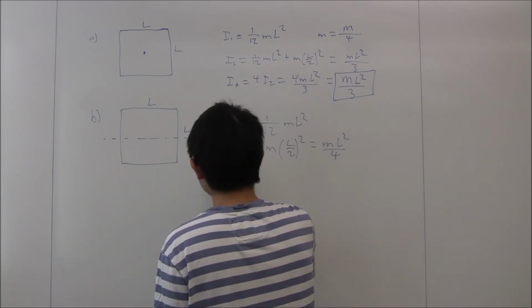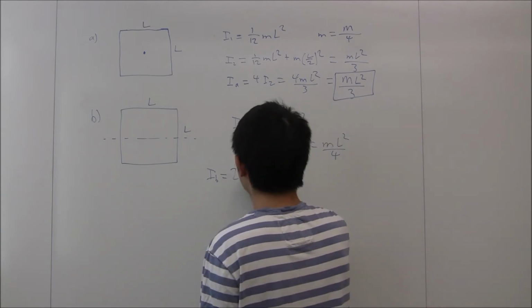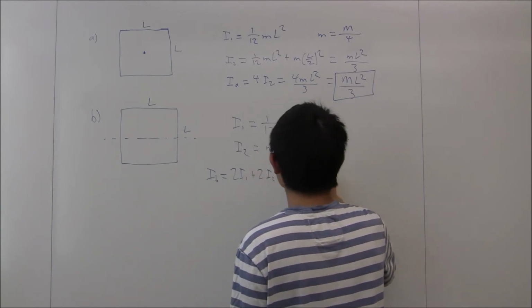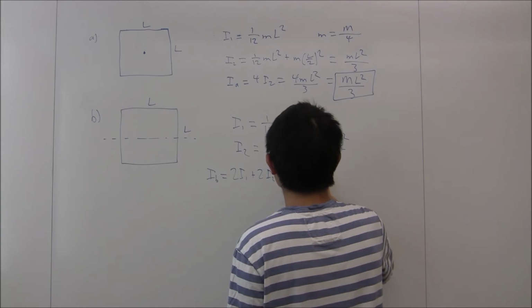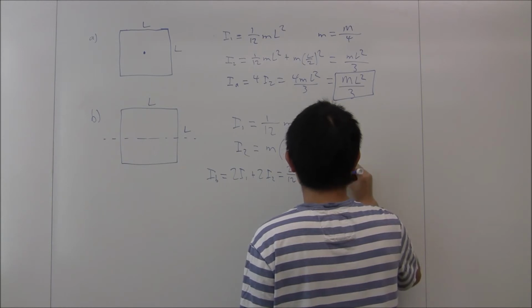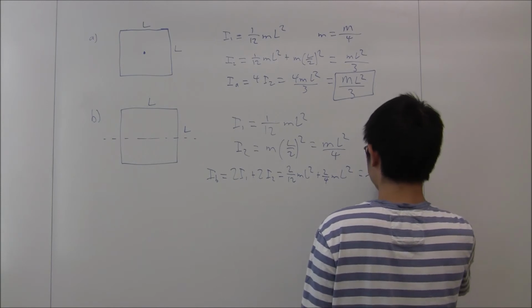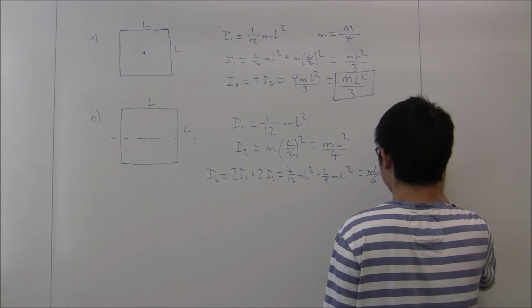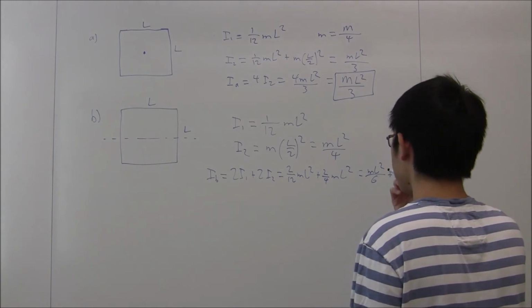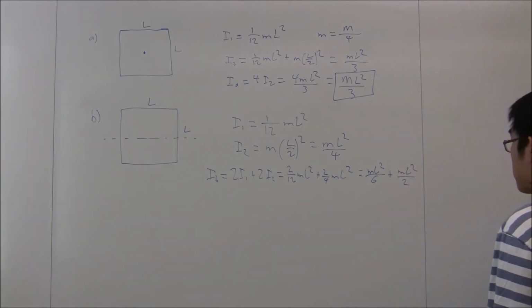So the moment of inertia, IB, in part B is going to be 2 times I1 plus 2 times I2, which is equal to 2 over 12 m L squared plus 2 over 4 m L squared, which is equal to m L squared over 6 plus m L squared over 2. I think that's right. So 1/6 plus 1/2.